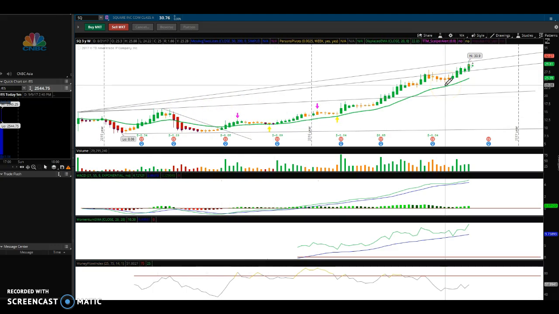So this is what you're supposed to be looking at when you look at trend lines, all right? That's why I'm not going to go into too much detail with the trend line. Let's just get used to looking at it from the left side. This was where the stock opened, this was the low, this was the high.